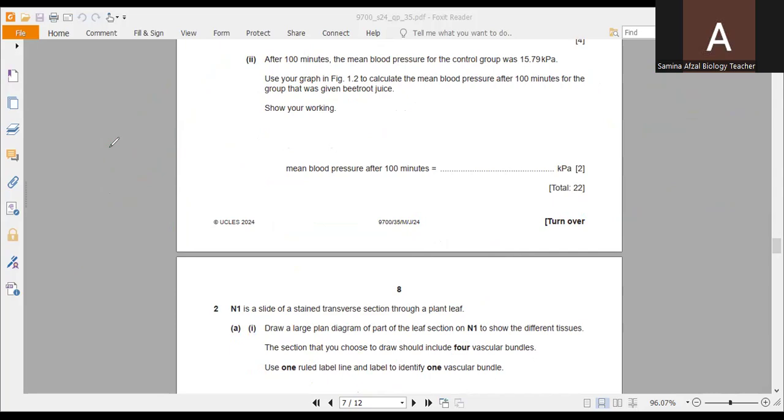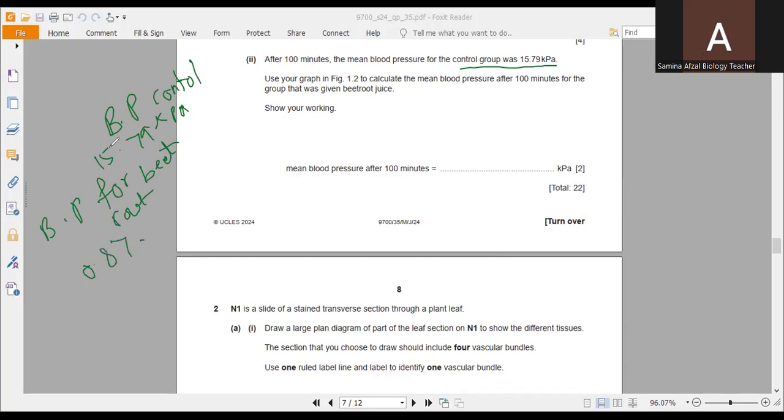The BP for control is 15.79 kPa, and on the graph the BP for the beetroot group is about 0.87. This is the value which we have got from the graph.